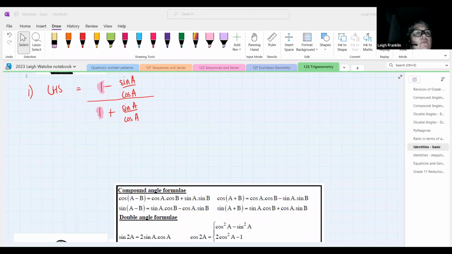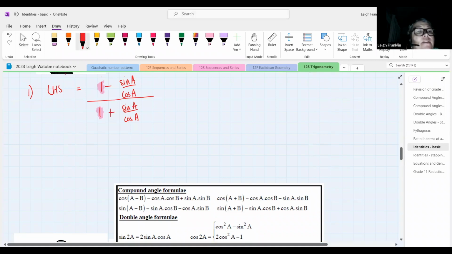I can rewrite 1 as, I think this is very clever, cos A divided by cos A. Exactly. Minus sine A over cos A.